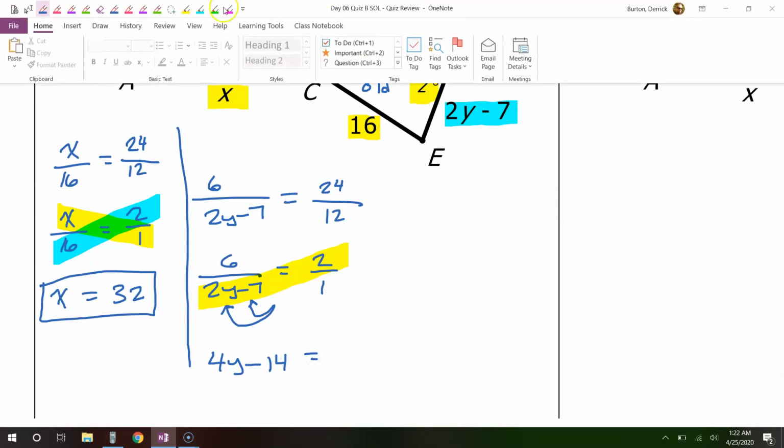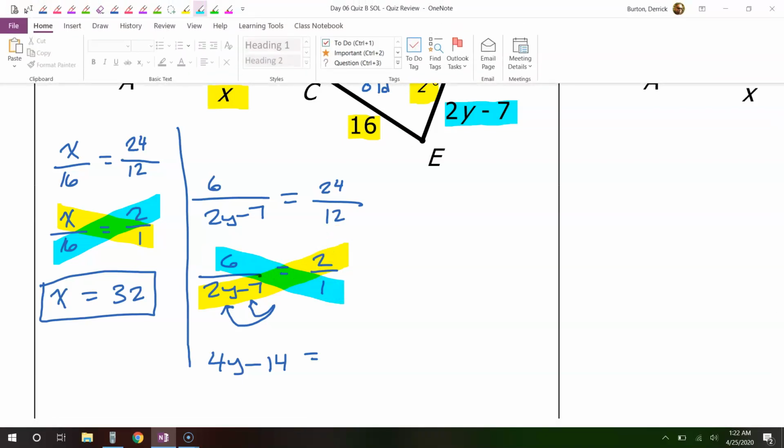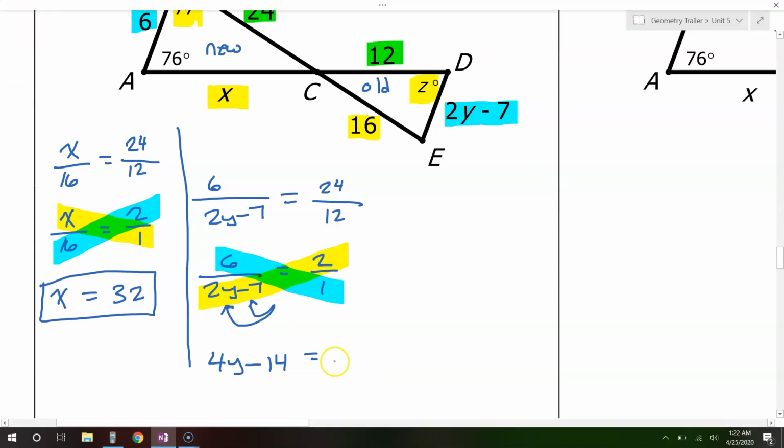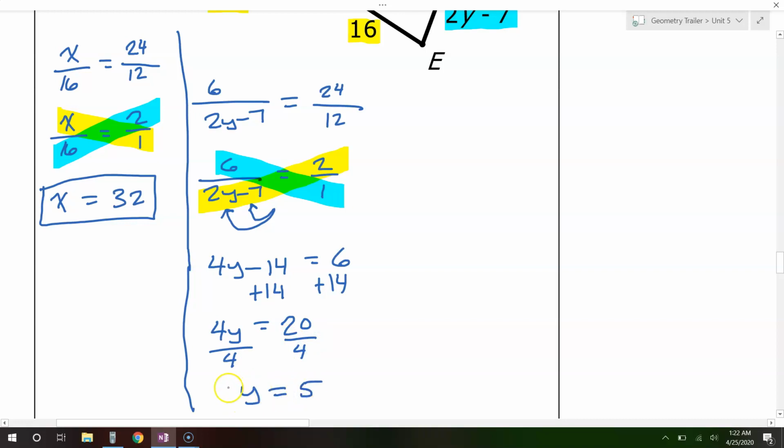Of course, the other diagonal, 6 times 1 is just 6. All right, let's add 14 to both sides, and that'll give us 4y is equal to 20. And then when we divide both sides by 4, we get y equals 5.